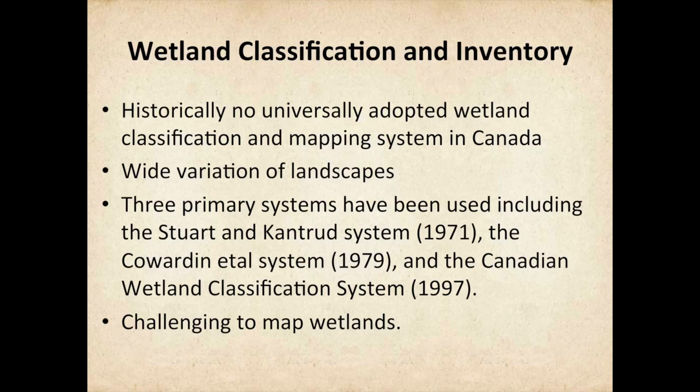But really, at the end of the day, the Canadian Wetland Classification System, which was designed by Canadians for Canadians, is becoming the standard. But it doesn't matter what classification you have, there really are challenges in mapping wetlands, and that's been a focus of our work for as long as I've been with DU.